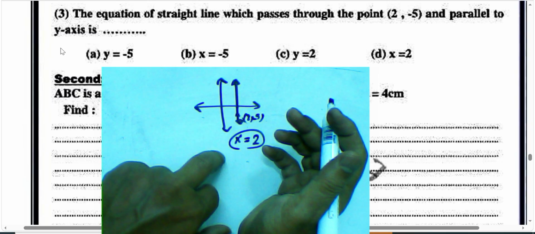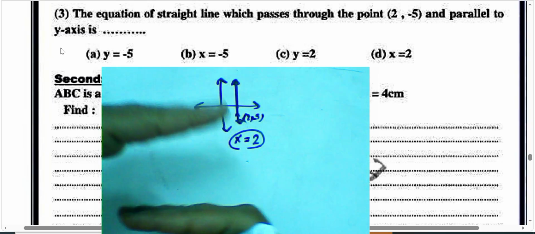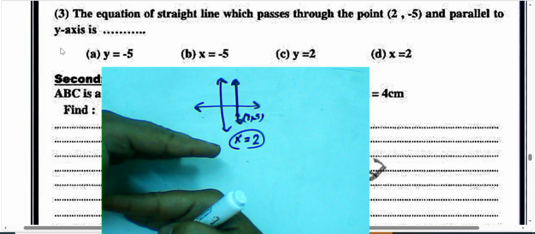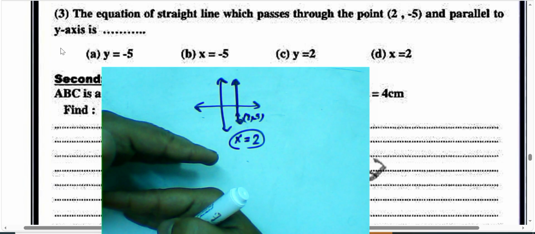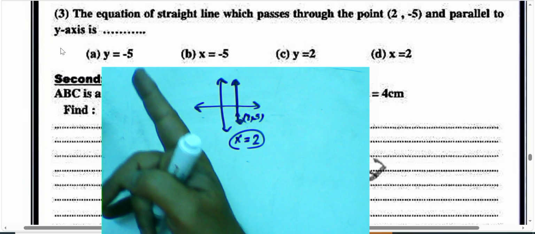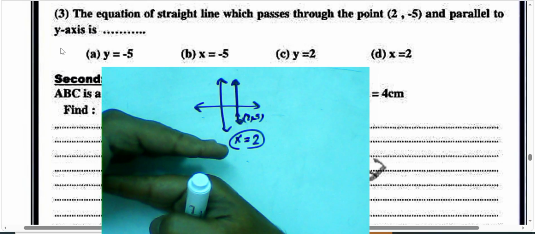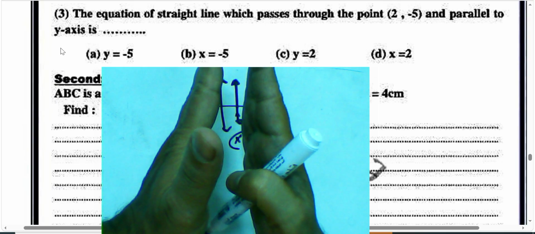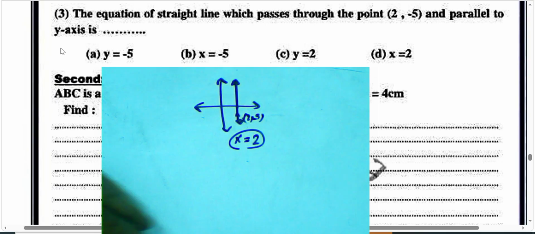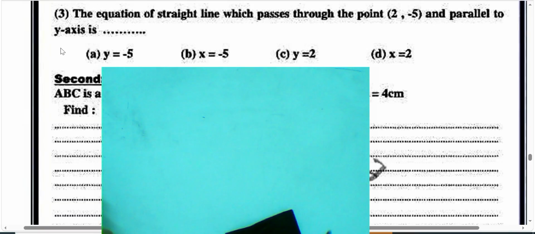It's an important question, choose letter D. But if the straight line is parallel to the x-axis, we can write y will be equal to -5. Y equals -5 is the straight line parallel to the x-axis, but in this example it is parallel to the y-axis. Parallel to the y-axis means x equal to. Choose letter D. Okay, the solution here is letter D.